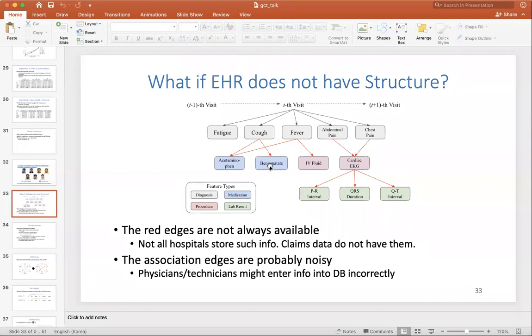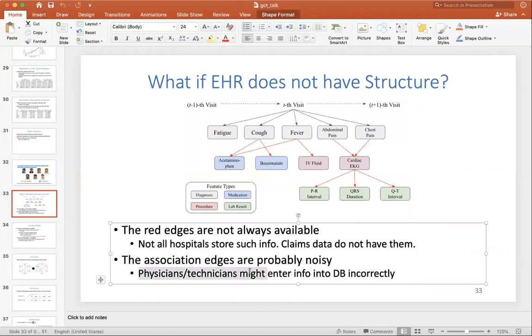And even if there is a field called reason code in the hospital EHR system, doctors or nurses usually don't really bother inputting an accurate reason code. They just want to get by the system. So as I'm showing right now, physicians or technicians might enter information into the database incorrectly.